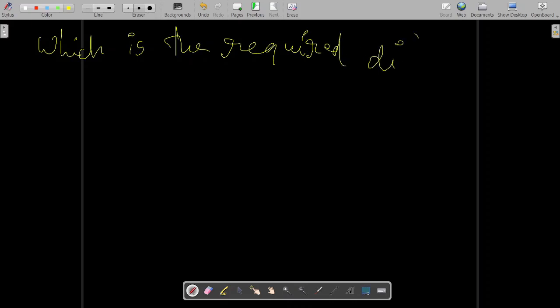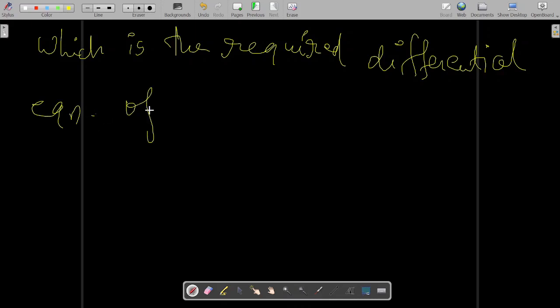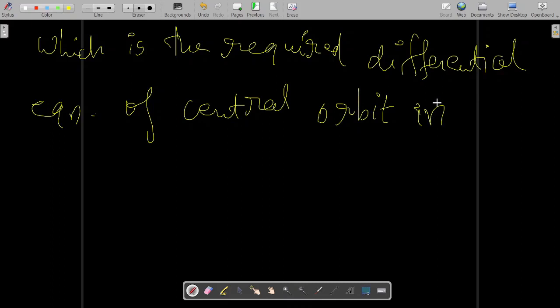Now you write over here, the required differential equation of central orbit in polar form.